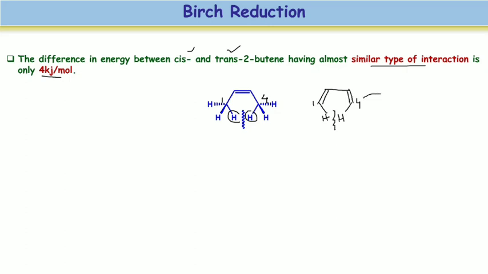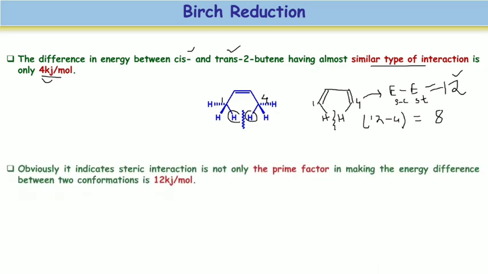In case of this S-cis conformation, the energy difference between S-cis and S-trans is 12 kJ per mole, right? So if you compare these two values, 4 kJ and 12 kJ, the difference is 12 minus 4, that is 8 kJ per mole.